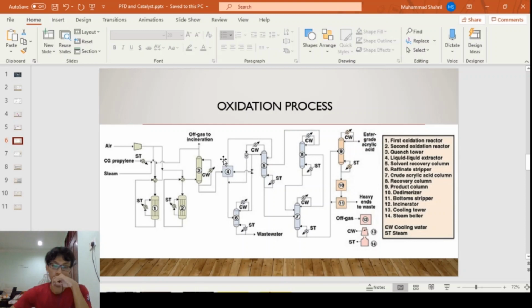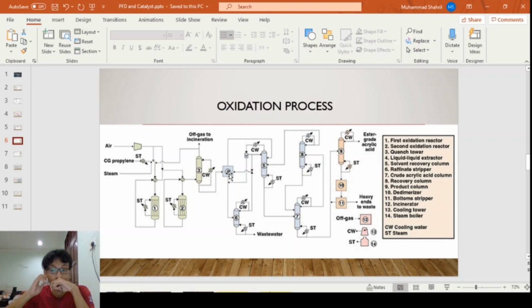The first step is the aqueous solution from the quench steps, which is fed to an extractor, here number 4, the liquid extractor, where the acrylic acid is separated by liquid extraction with a solvent.